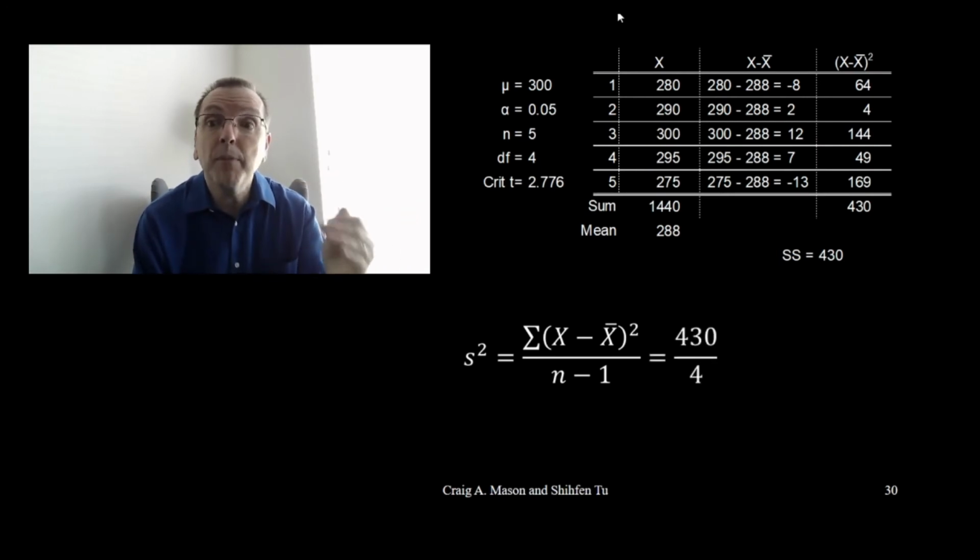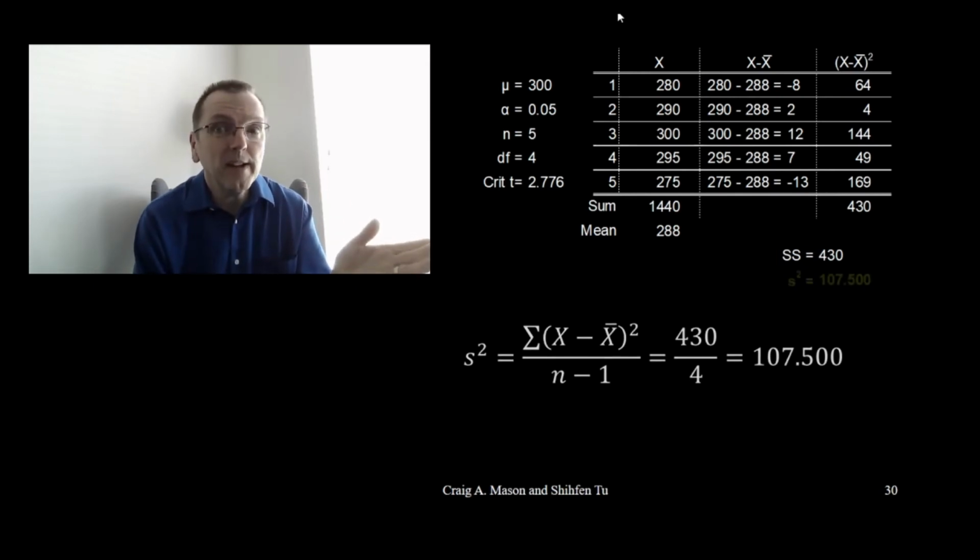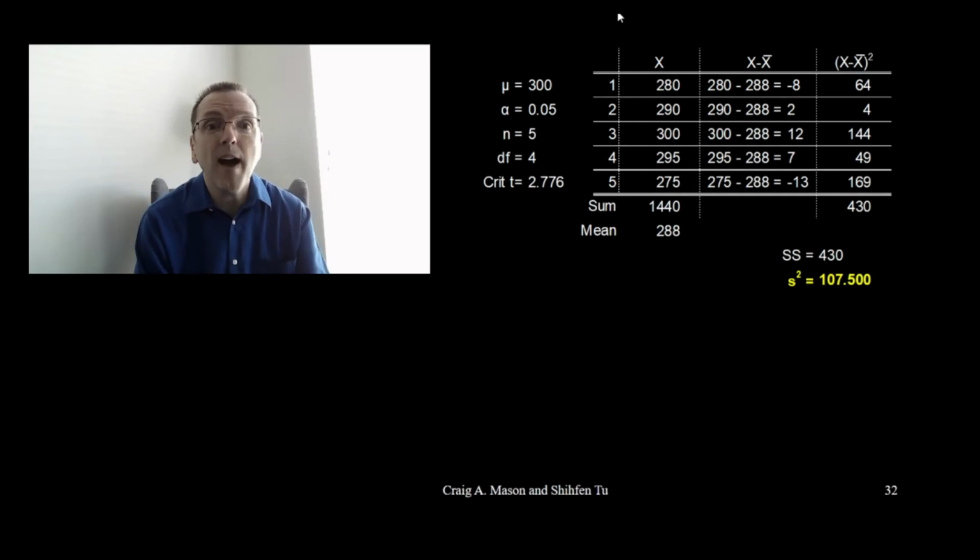That works out to be 430, right? We just calculated that, divided by 5 minus 1, or 4. We do 430 divided by 4, gives us 107.5. So our variance is 107.5.